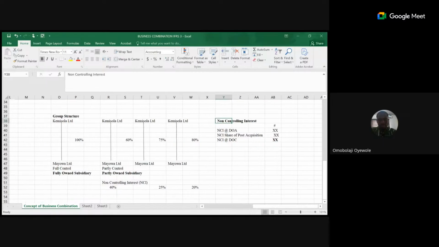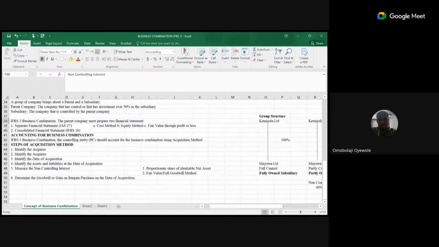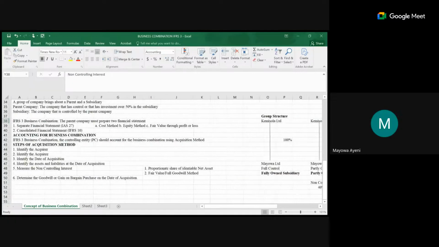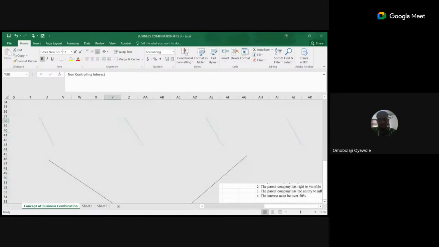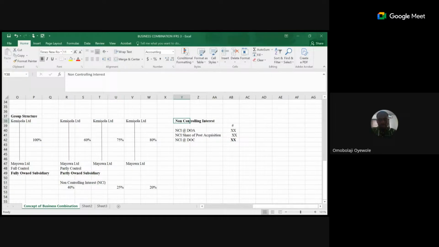So the next step, step 6, is to determine the goodwill or the gain on bargain purchase. Generally, what we just did is to ascertain or to measure NCI.